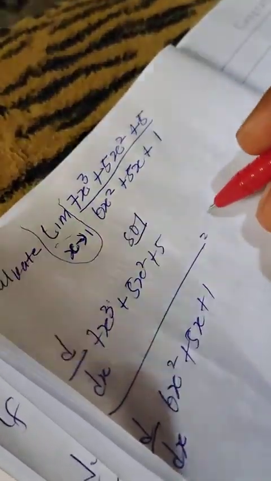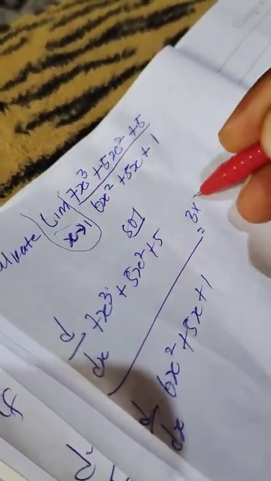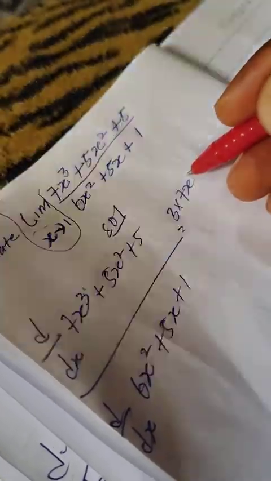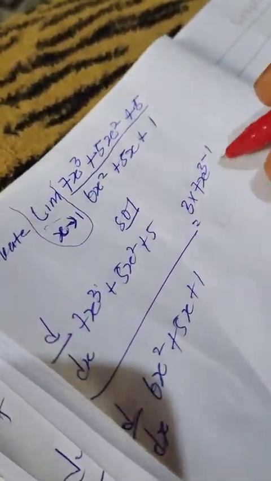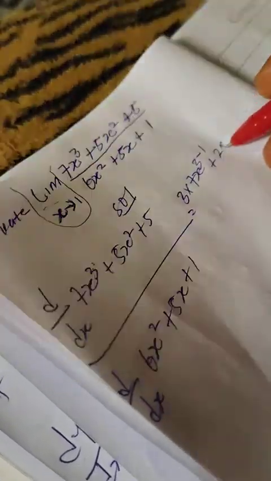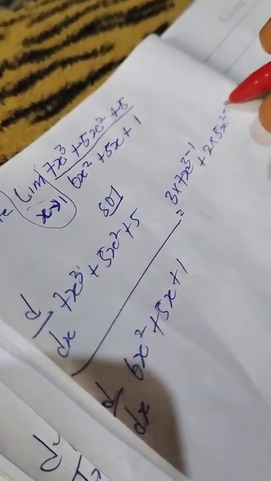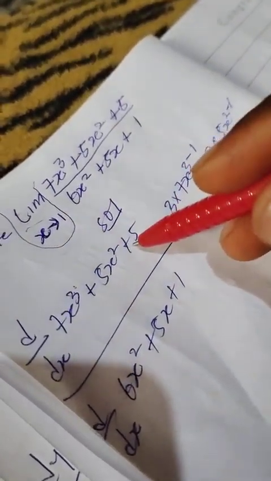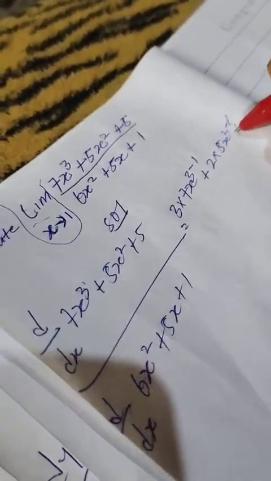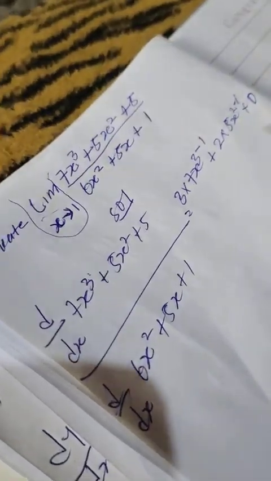So when we differentiate, we're going to have 3 times 7x to the power 3 minus 1, plus 2 times 5x to the power 2 minus 1, plus 0. When we differentiate a constant, it becomes 0.